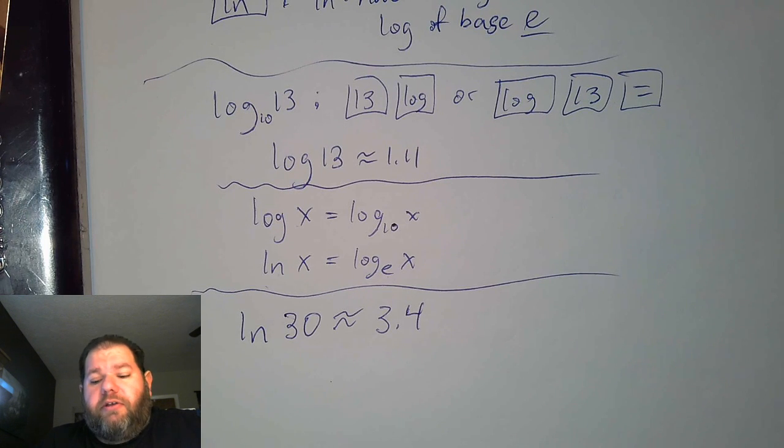Now, most calculators only do those two functions. Some will actually allow you to do logs of different bases, but whatever calculator we have, we would like to evaluate logs of different bases.